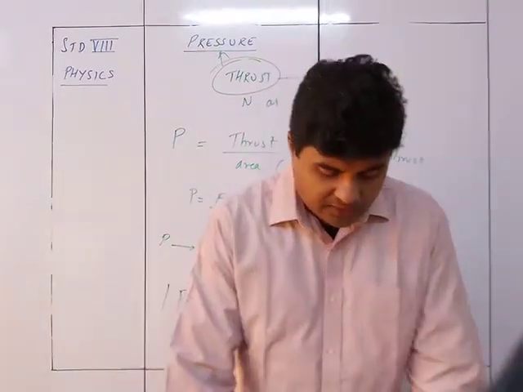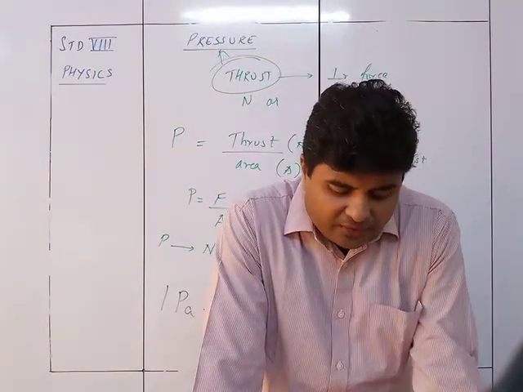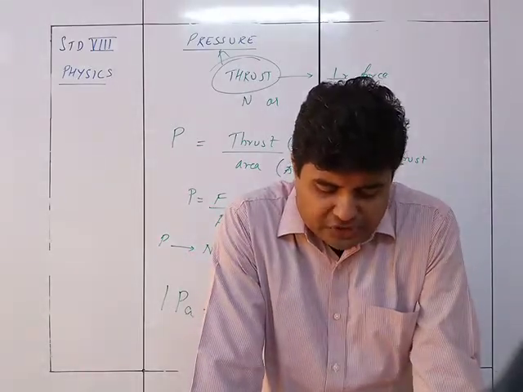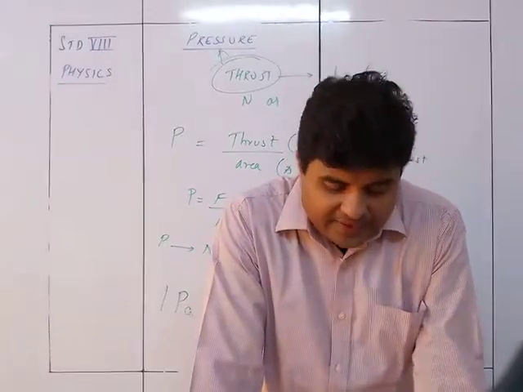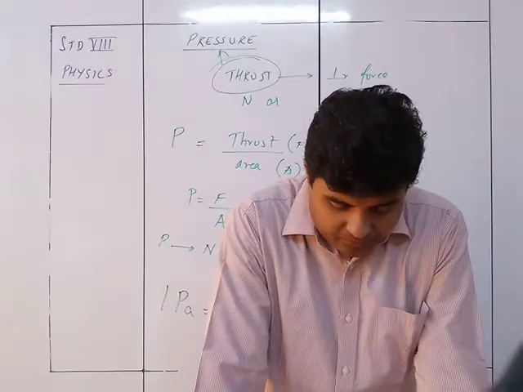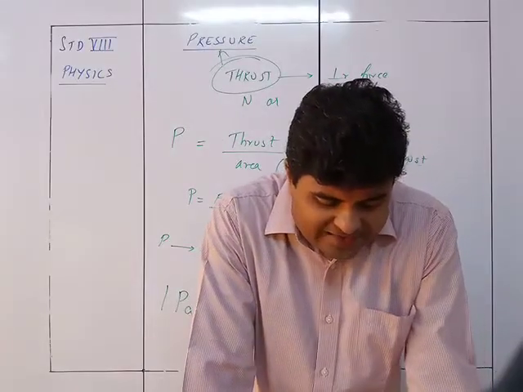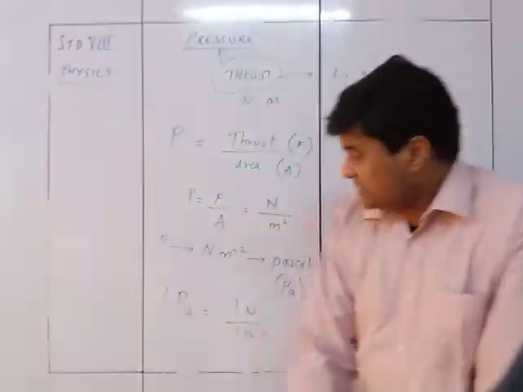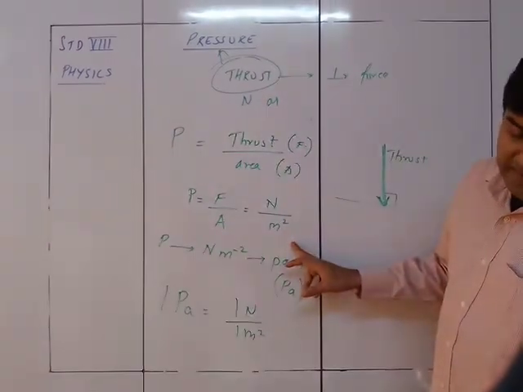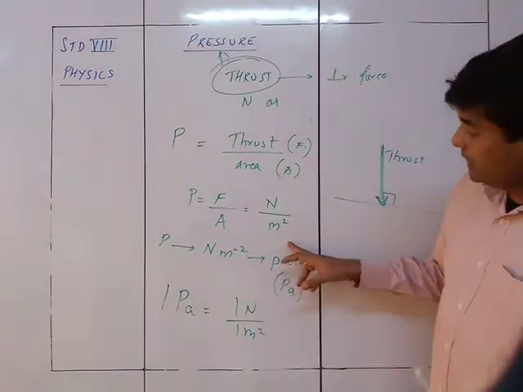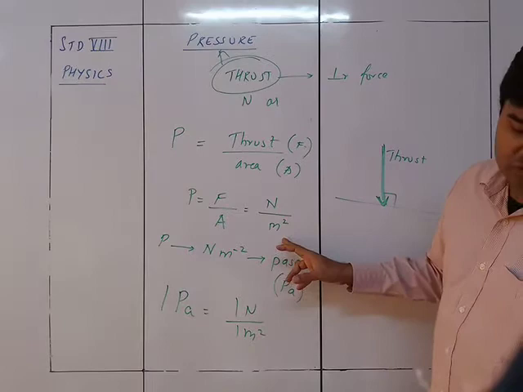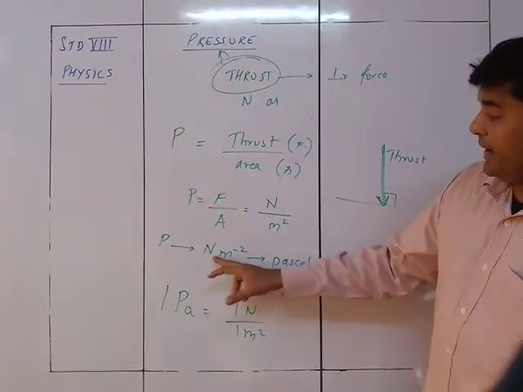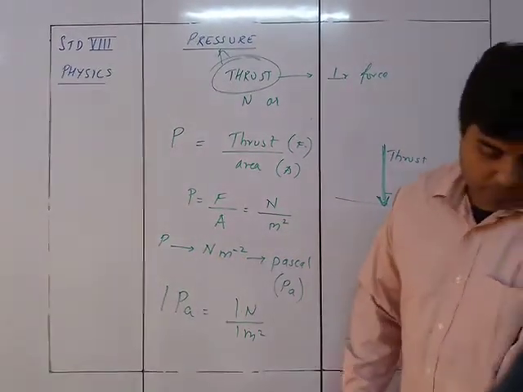So let's see this. The SI unit of thrust or force is Newton, N, and that of area is meter square, m square. So the SI unit of pressure is Newton per meter square, symbol N upon m square, or N m raised to minus 2.